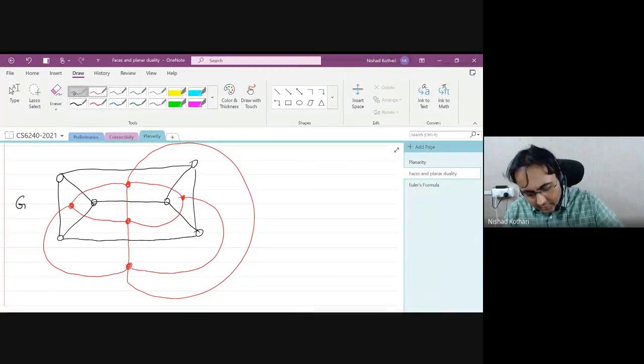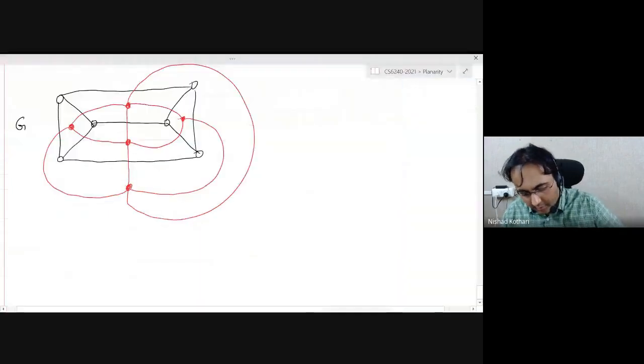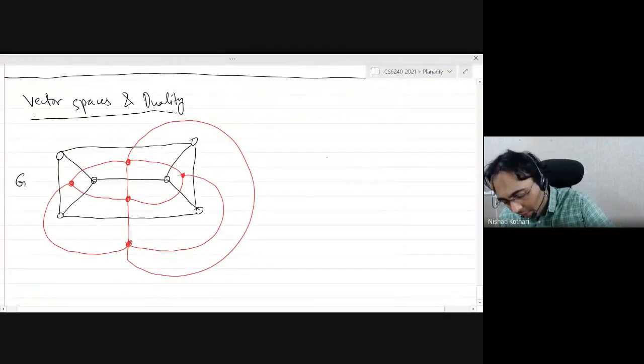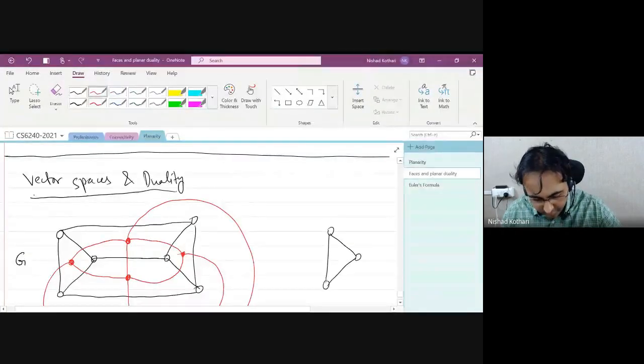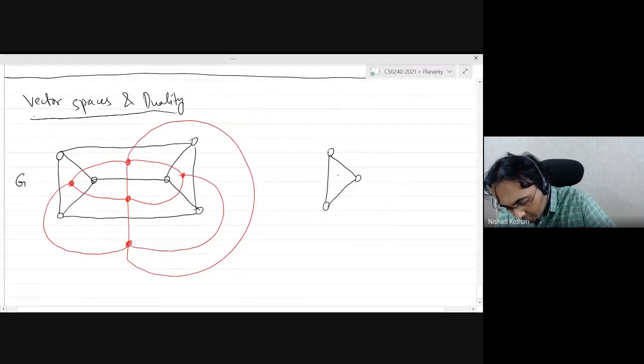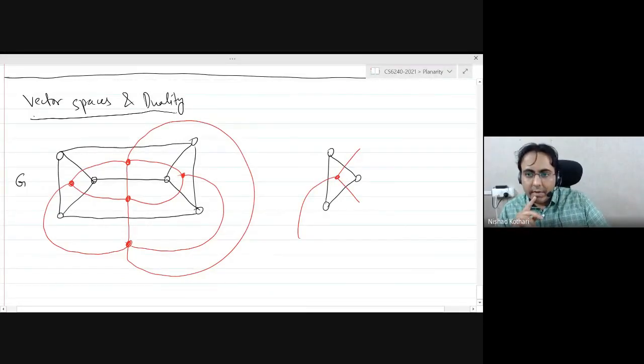Well, let's first consider some straightforward cycles. What I mean by that is cycles bounding a face. So if you look at the triangle in this graph, and you look at the corresponding three edges, notice that this is a bond in the dual.